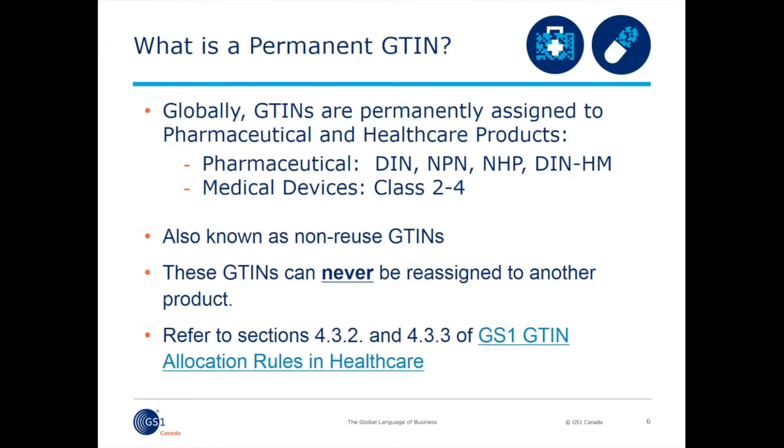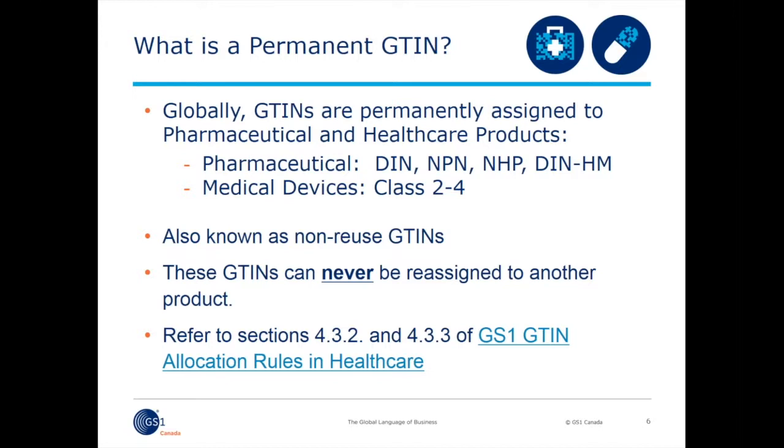So any item marked with a DIN, an NPN, NHP, a DIN-HM, or are classified a Class 2 to 4 medical device are considered a regulated healthcare item. That means that anything from toothpaste to implants must be assigned permanent GTINs. Permanent GTINs may never be reassigned to a different product ever.